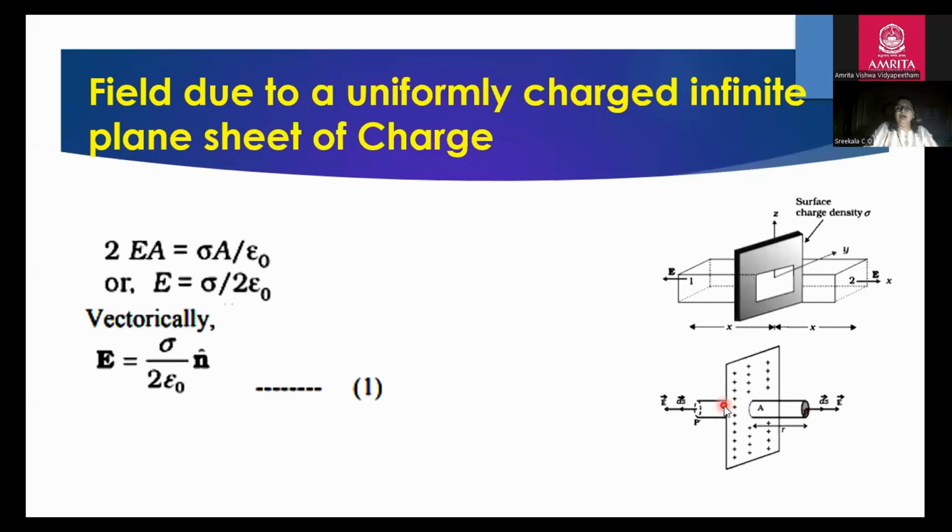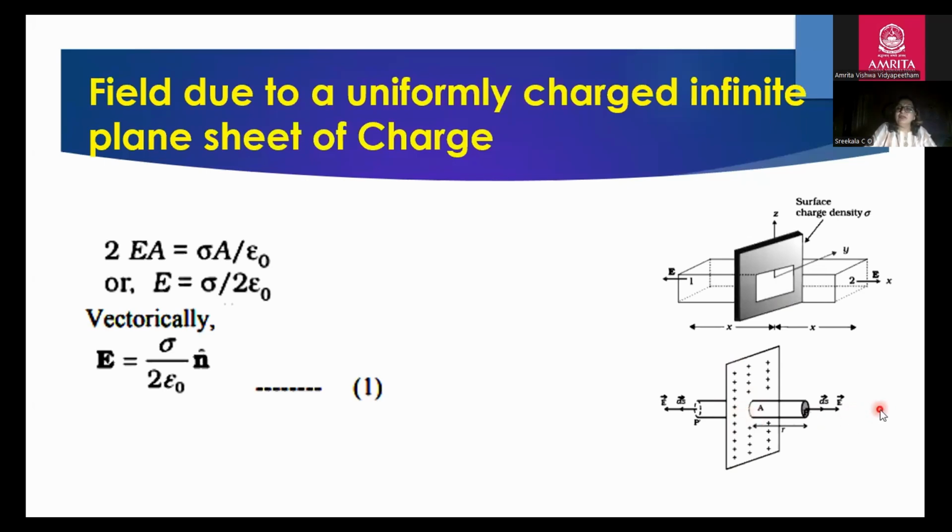Now you can apply the Gauss theorem here. Gauss theorem: electric flux phi is equal to 1 by epsilon 0 times the charge enclosed. So phi is equal to integral E dot dA. Here, this base surface is having an area A. Since this is a very thin sheet of charge, the electric field lines from this positive charge will be in both directions, normal to the surface.